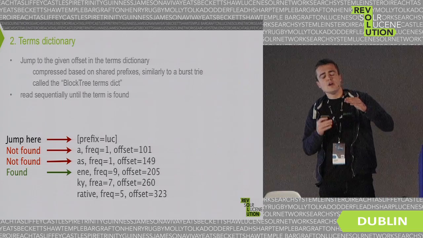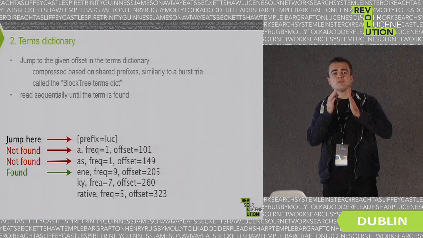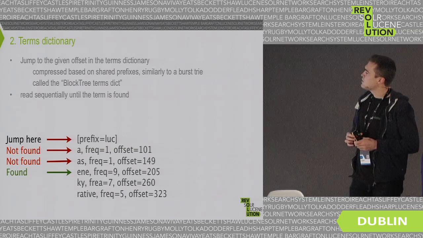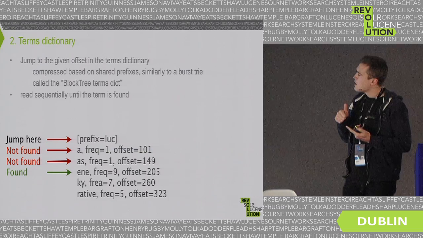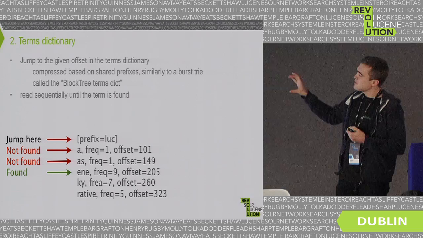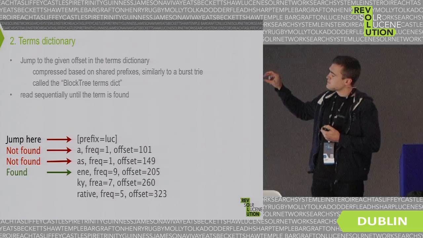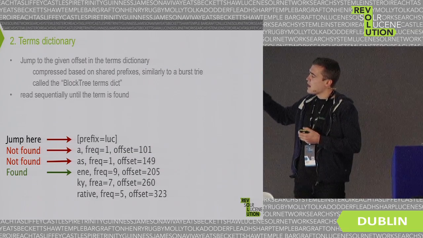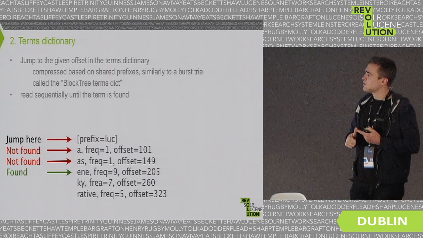Because it is sorted, you are going to have consecutive terms which share prefixes, and the terms dictionary tries to take advantage of this for compression. In this example, we have several terms which are Luca, Lucas, Lucene, Lucky, and lucrative. Since all these terms share the same prefix, the terms dictionary is going to add a flag in order to say that all the terms following this flag are suffixes, and the prefix is Luc.